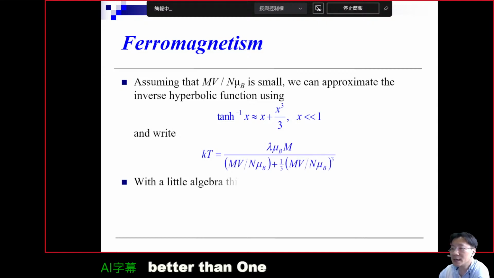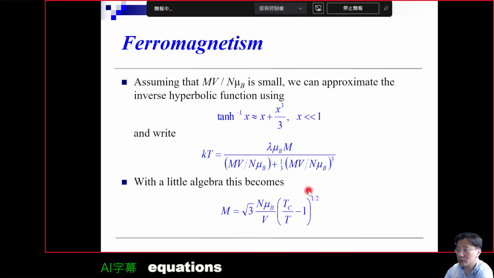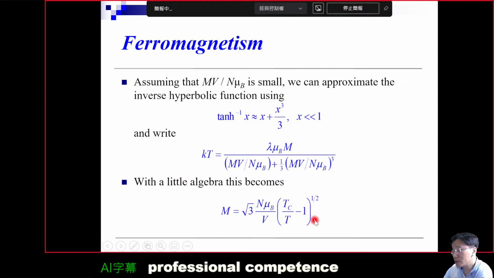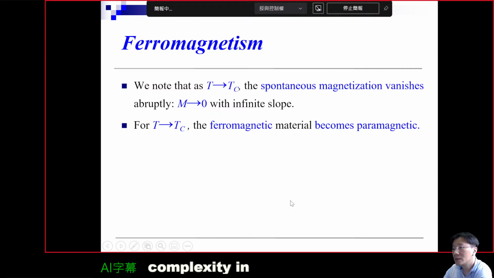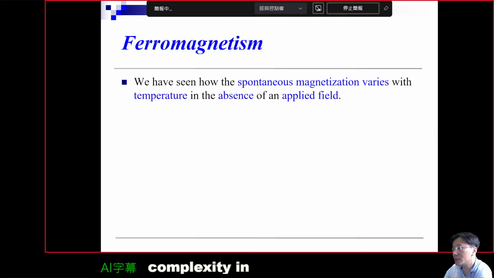So in that case, we can write the equations in this form. Those prefixes are all constants. So we can plot the m against the T in this case.